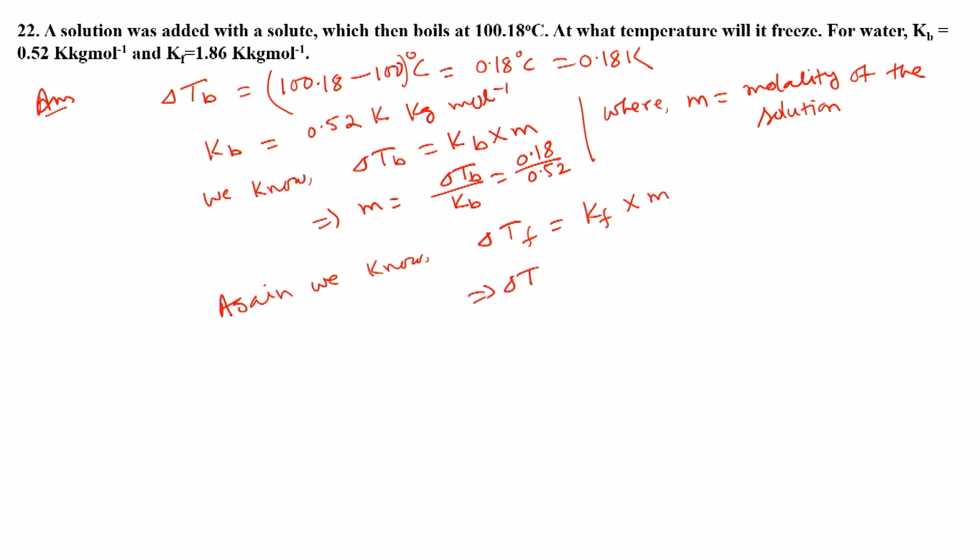The value of Kf is 1.86, and m is 0.18 by 0.52. So if we do it, we get delta Tf is 0.61 Kelvin.